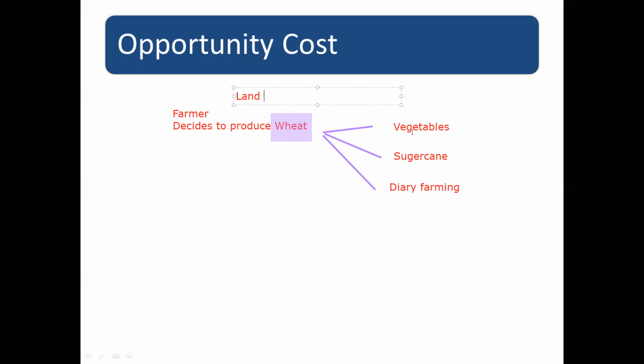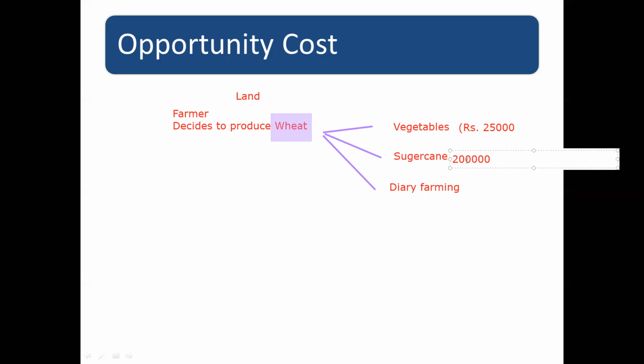Now we have to see if he decided to produce vegetable, he would have produced vegetable worth rupees 25,000. And if he decided to produce sugarcane, then he would have produced worth rupees 20,000.